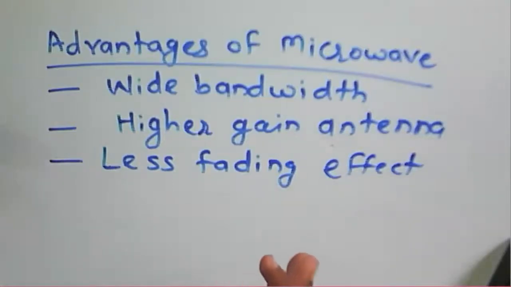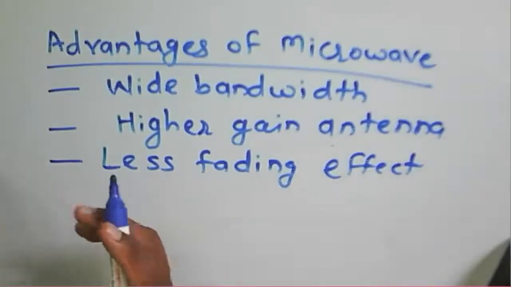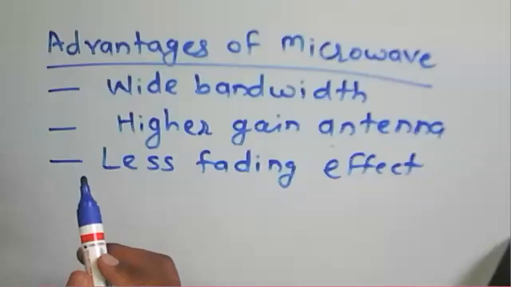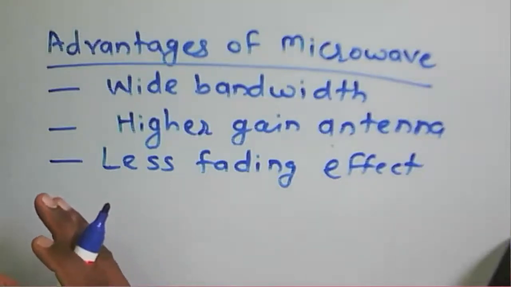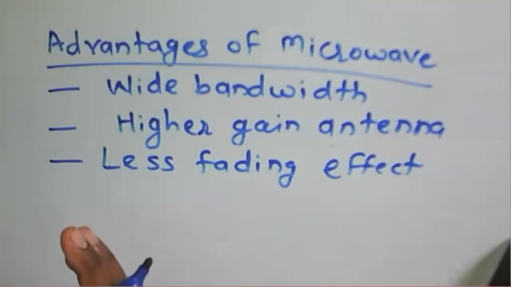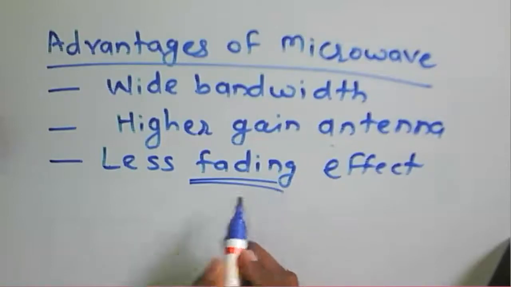Earlier we have seen line of sight propagation. In a line of sight propagation, the wave does not travel through the ionosphere, so it is not affected by the ionosphere. There is no absorption, no reflection, no variation in the signal strength. That is nothing but the fading.